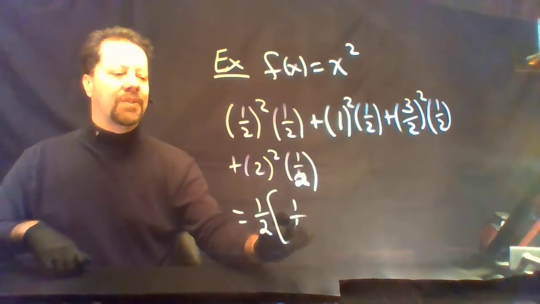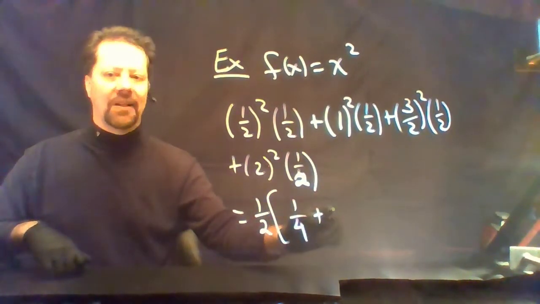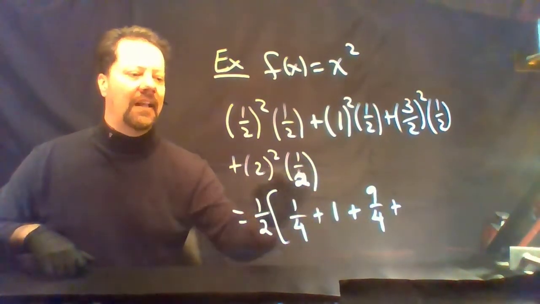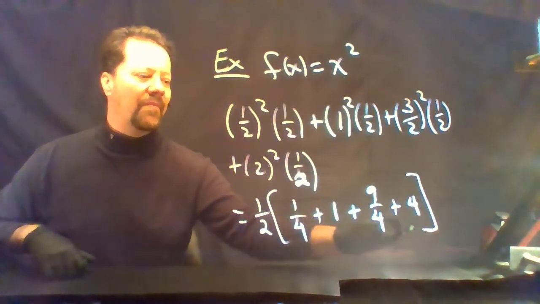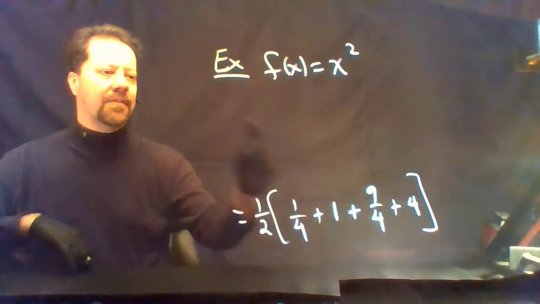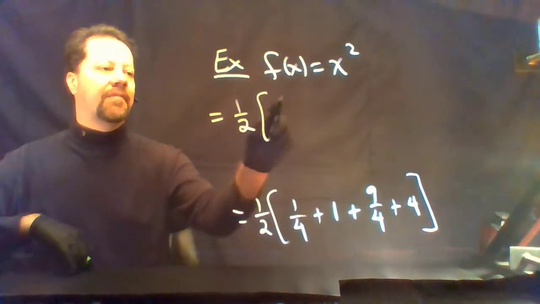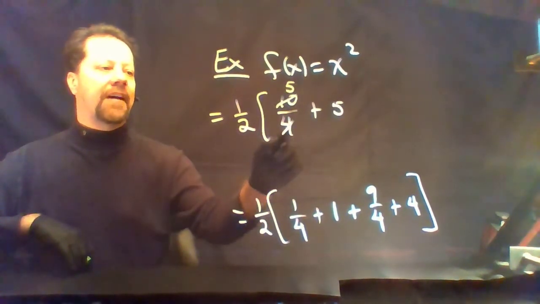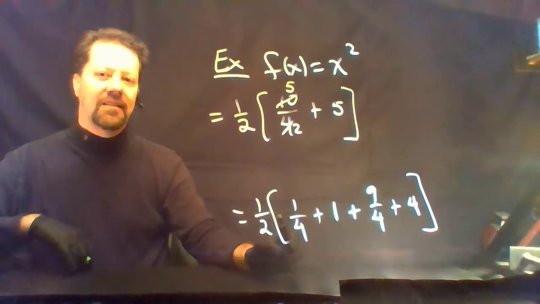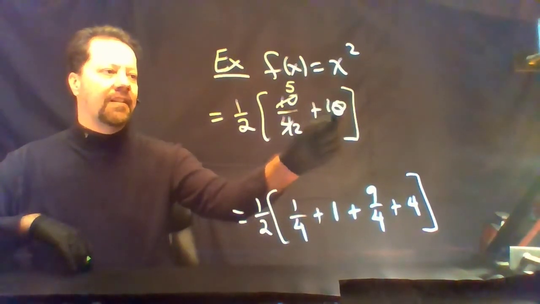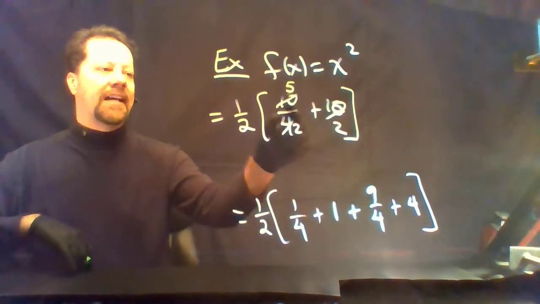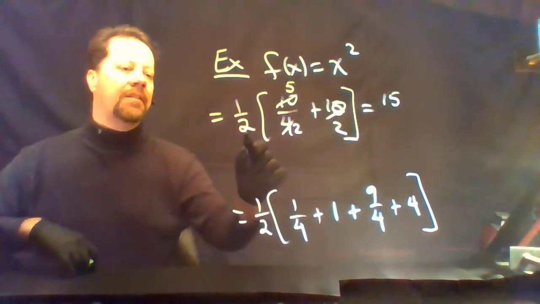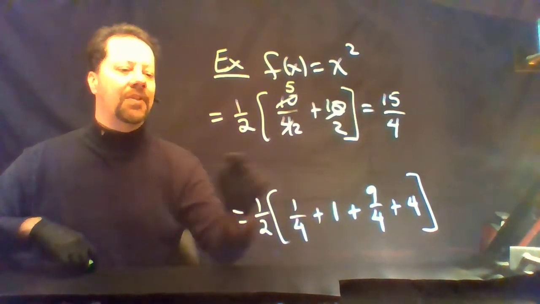We'll have 1/2 squared, which is a fourth, 1 squared, which is 1, 3/2 squared, which is 9/4, and 2 squared, which is 4. We'll have 10/4 plus 5. 10/4 is 5/2. 5 is 10/2. 10/2 plus 5/2 is 15/2. Times 1/2 is 15/4, just as before.